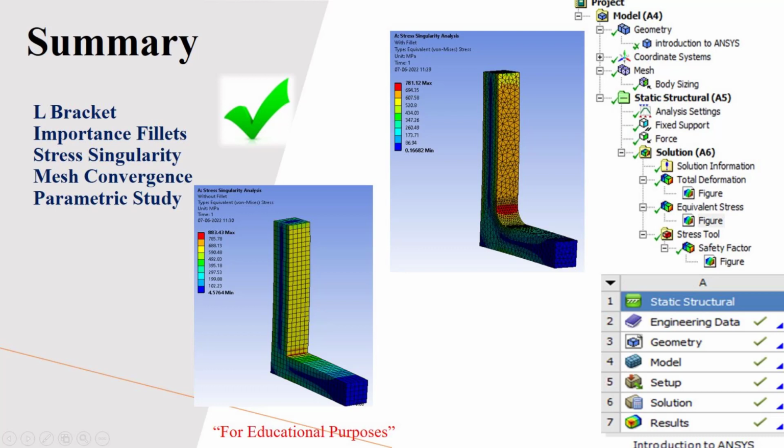Quickly to summarize everything, we have gone through L bracket analysis, where we have considered the L bracket with fillet and without fillet models, and we have run the simple static analysis to cross check with mesh convergence and the stress singularities, and the importance of fillets at the regions where exactly the sharp corners are there, we need to deal with the fillets.